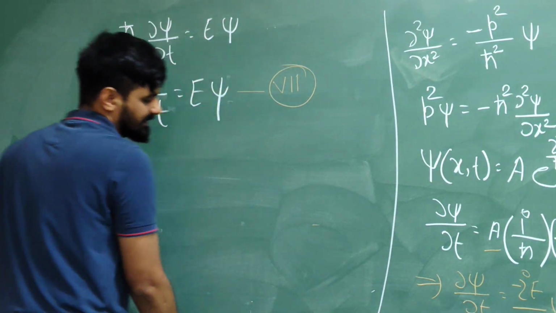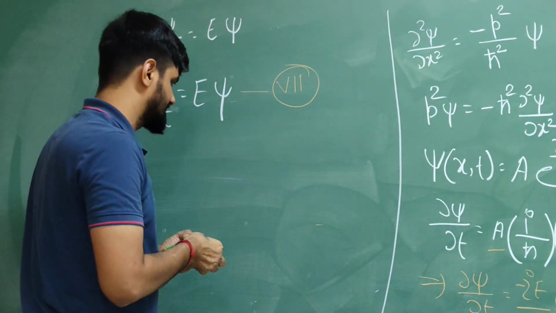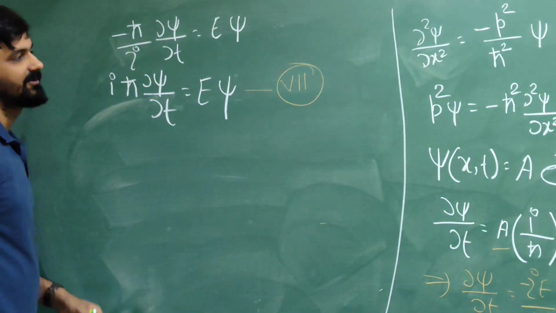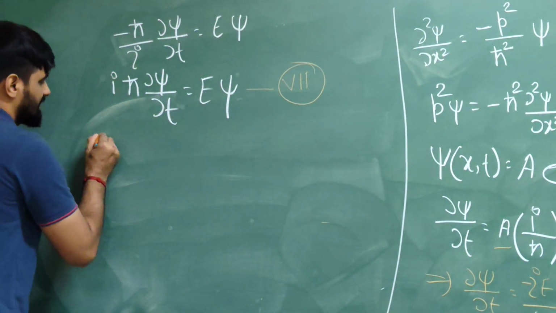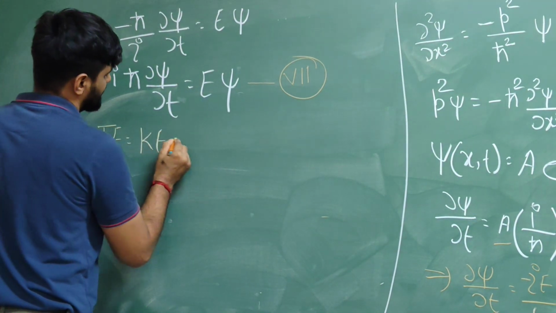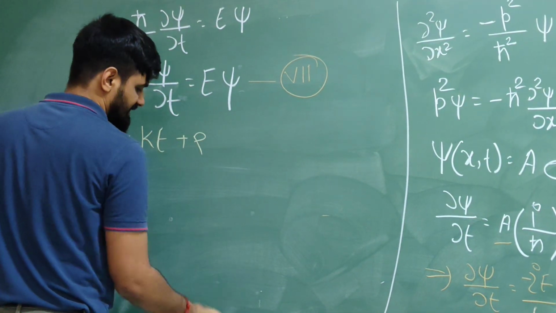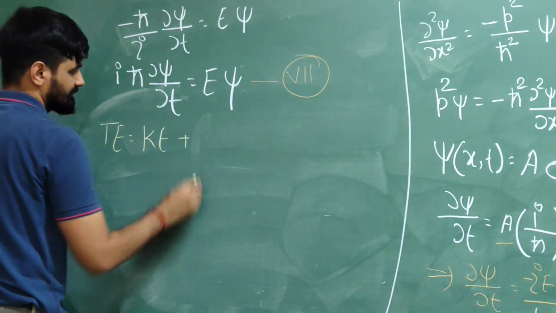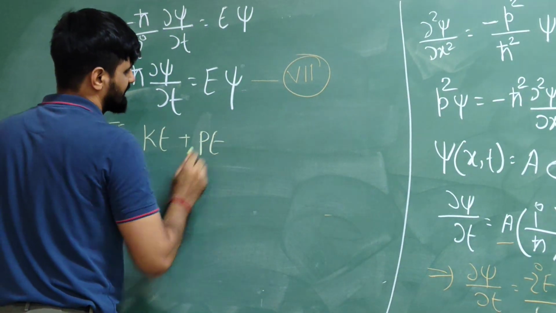So now the second assumption was that it should follow the conservation of energy. So if I want to write total energy, that can be written as your kinetic energy plus your potential energy, right?